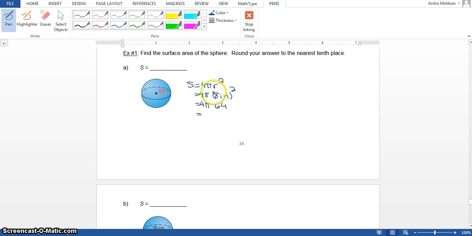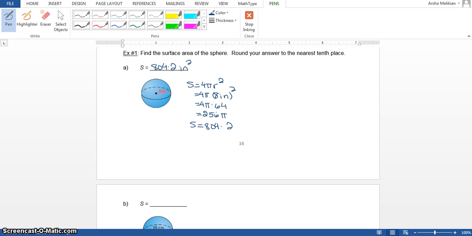And 64 times 4 is 256 pi. So the surface area is 804.2. And because it's area, the units are going to be inches squared.